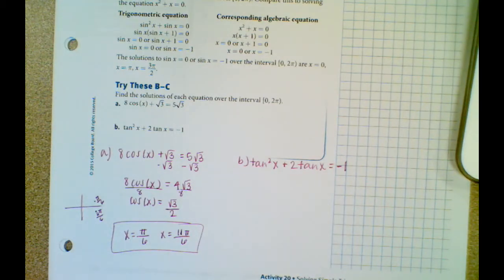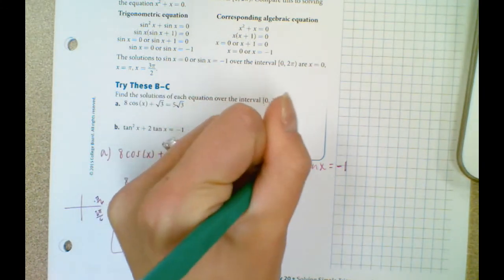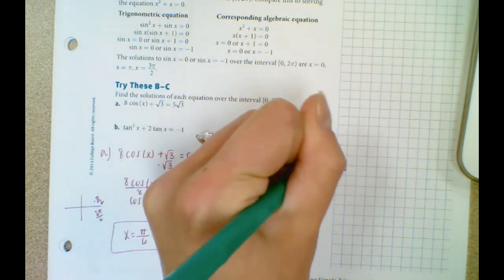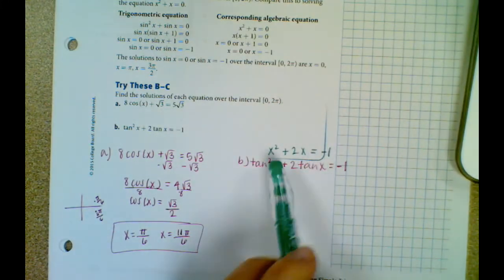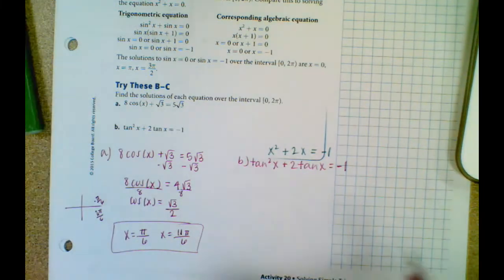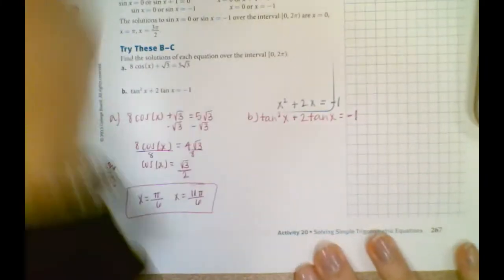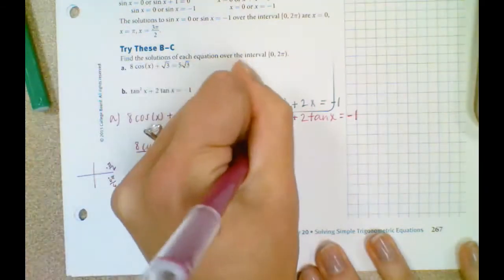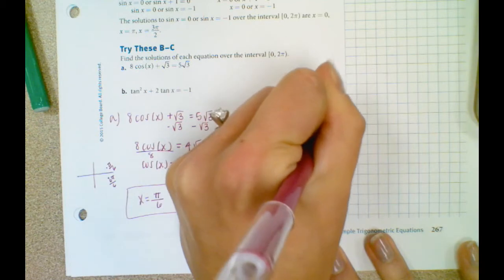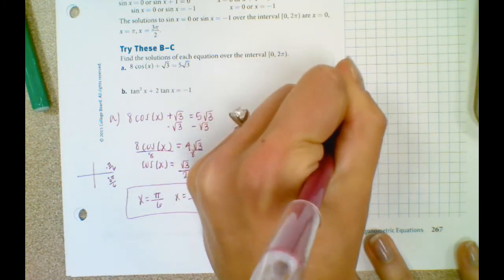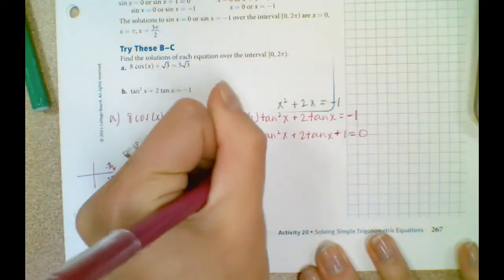However, if you look at this like x squared plus 2x equals -1, if I add this 1 over, I can just factor this, right? Once you have an equation equal to 0, you can factor that. That's a quadratic because it's x squared. So I'm going to think of it like that. So I'm going to do tan squared of x plus 2 tangent of x plus 1 equals 0.